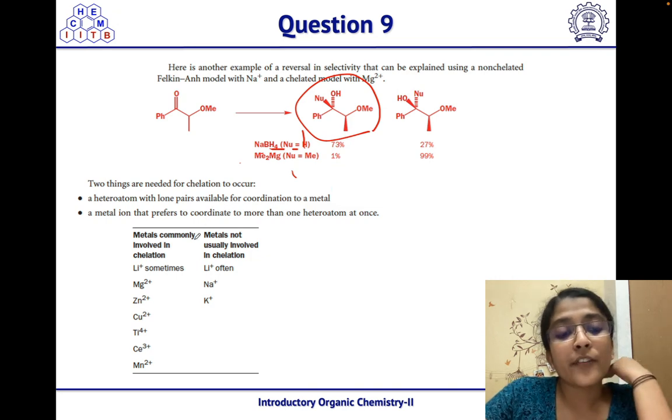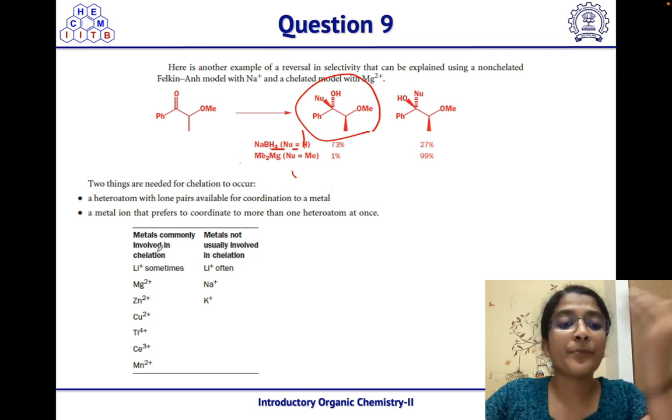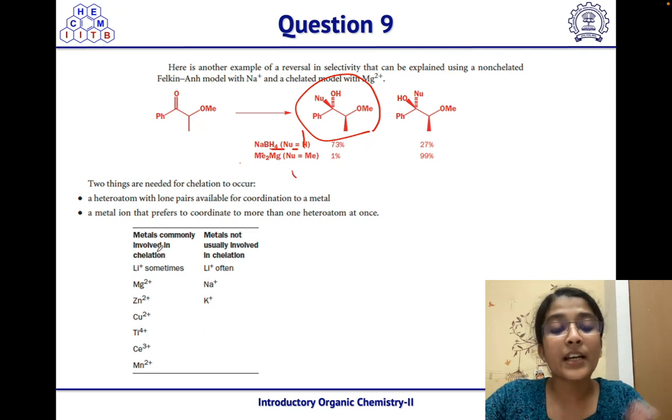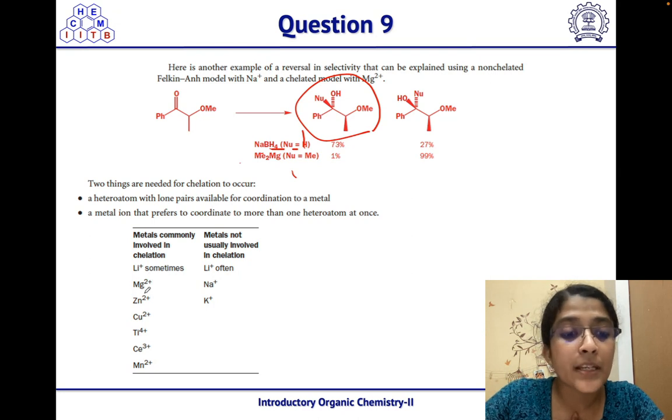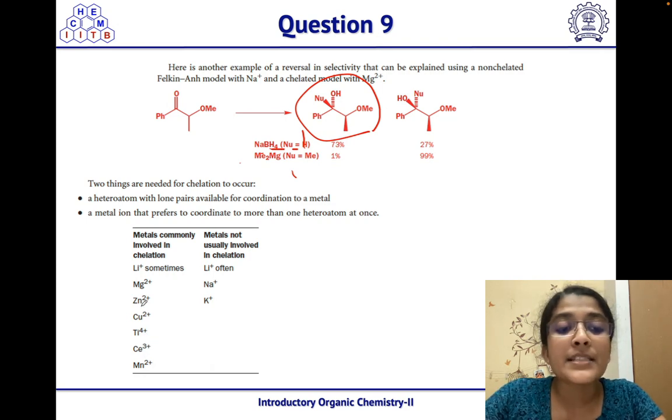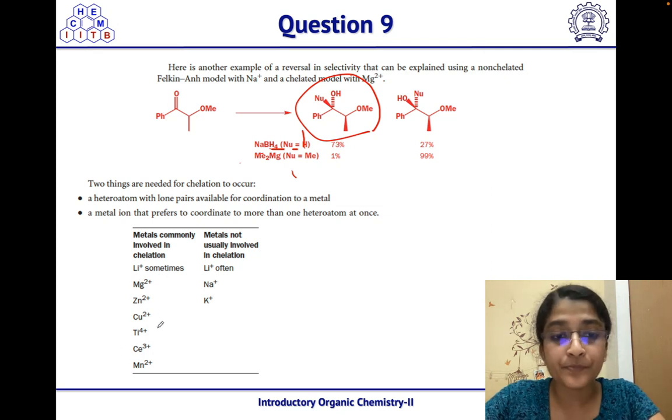In our question, we have such a heteroatom. With this ketone, there is one heteroatom that can coordinate with the metal. More highly charged ions can coordinate with more than one heteroatom. Magnesium has a 2+ charge, zinc 2+, copper 2+, titanium 4+, and cerium 3+. Such ions can chelate with more than one heteroatom.